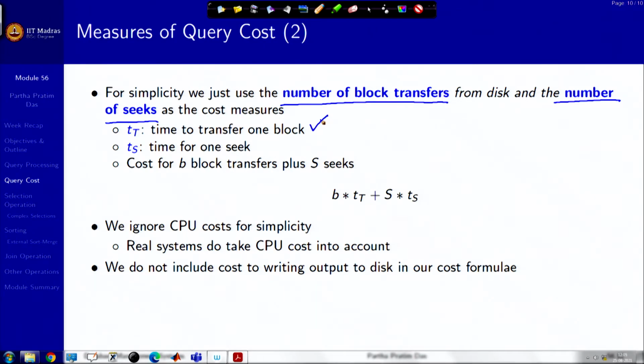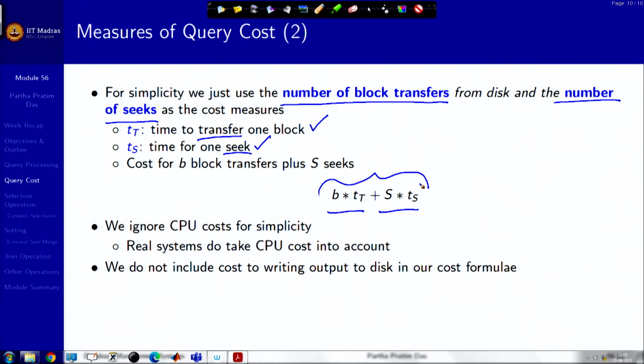Say T_t is the time to transfer a block and T_s is the time to seek, the transfer time and seek time. If B blocks are transferred and S seeks have happened, because in one seek you may have multiple blocks being transferred, then the total cost is B times T_t plus S times T_s. This is the basic expression that we will deal with.